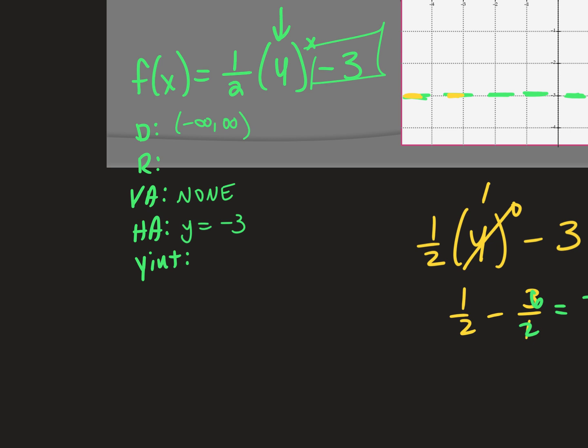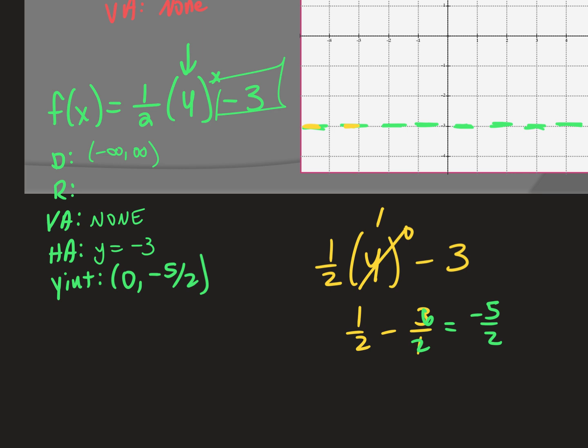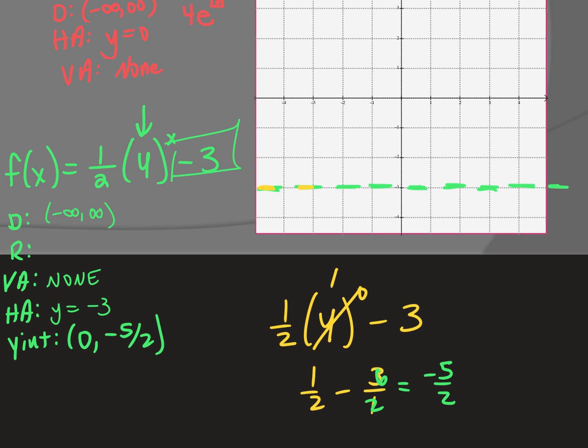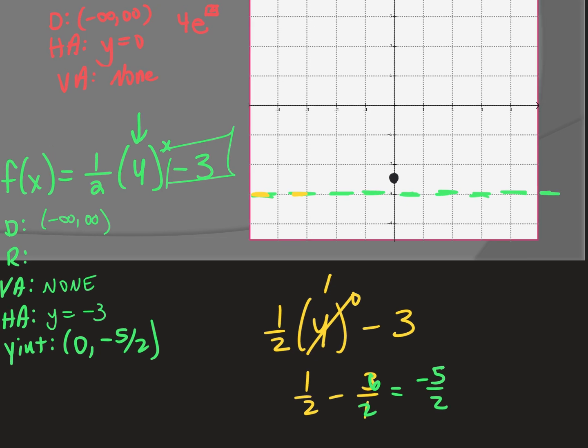So this graph is going to cross the y-axis at 0, -5 over 2. Do we know exactly where that is? Yeah. -5 over 2. That's -2.5, right? So like right here. So draw a nice smooth curve. Oh, that's cute. Nice smooth curve.